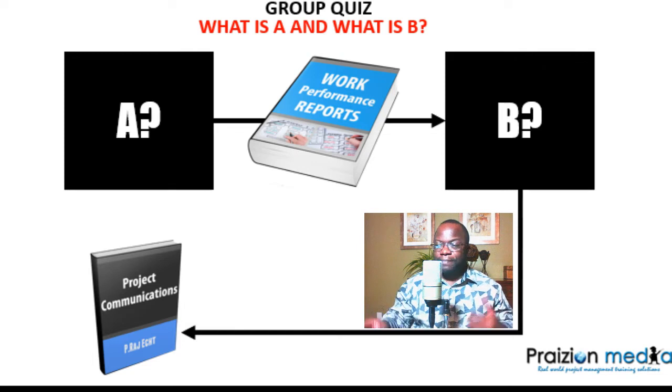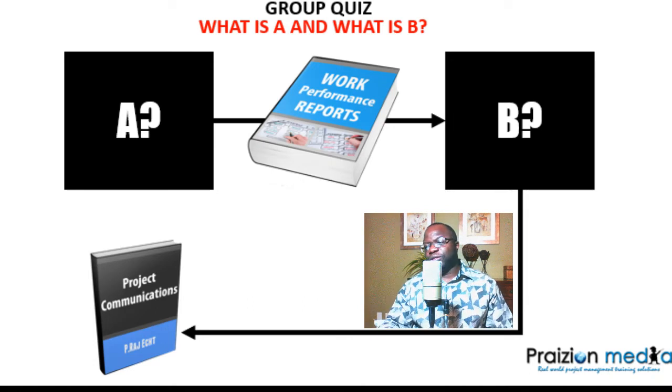Are you ready? Let's go. So, A gives you work performance reports. The only process that does this is monitor and control project work. That gives you work performance reports. Now, these work performance reports need to be distributed.